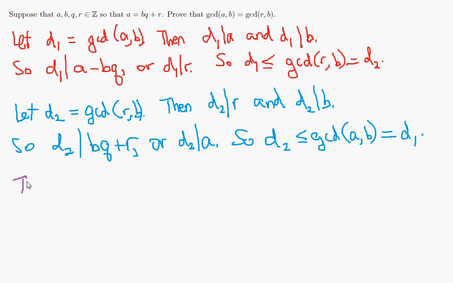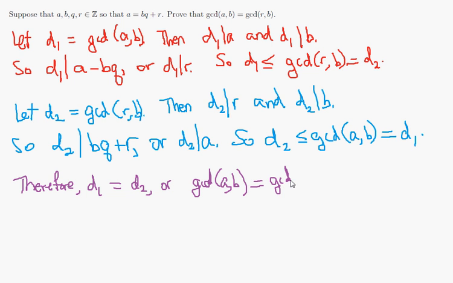Therefore, d1 is equal to d2, or the greatest common divisor of a and b is equal to the greatest common divisor of r and b. And that's the end of the proof.